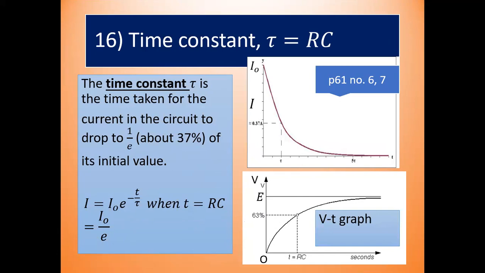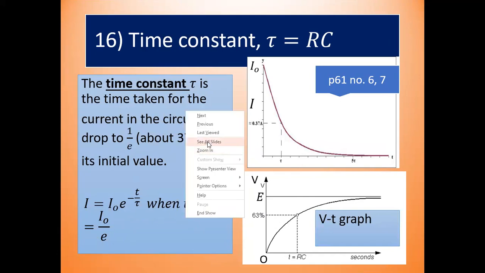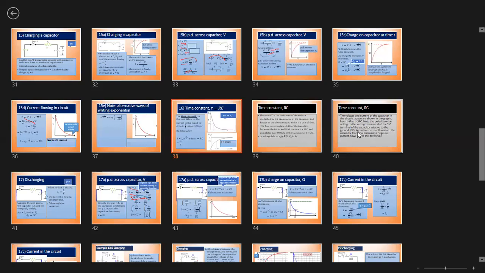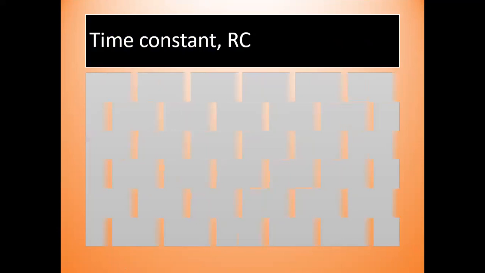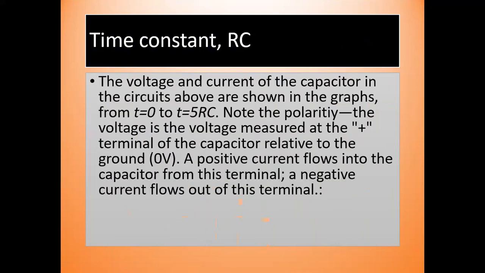You can play around with the formula when you are free. By 5 RC, basically the capacitor has charged completely already. So nothing much about that, just to tell you roughly when you sketch the graph.